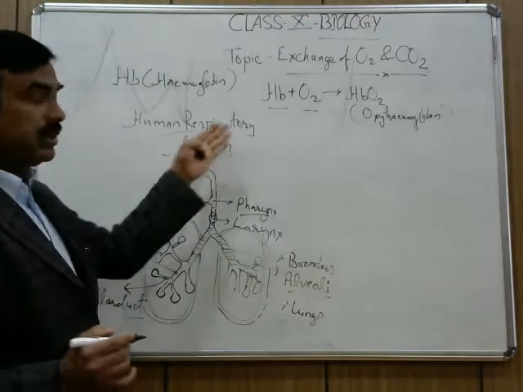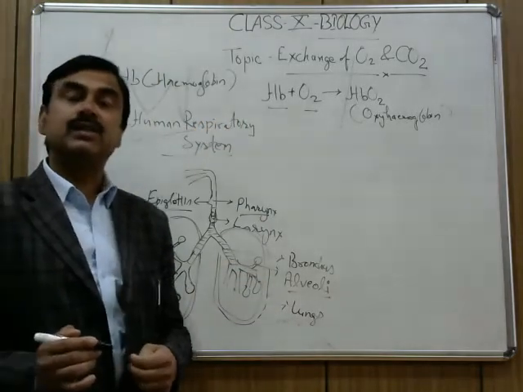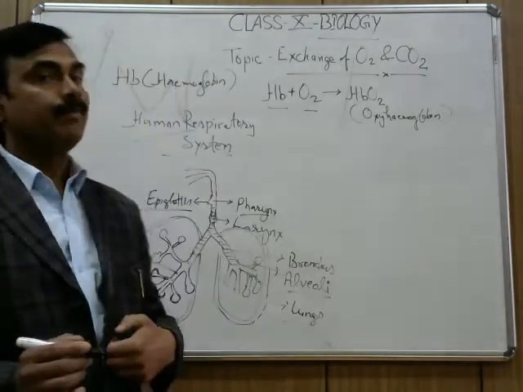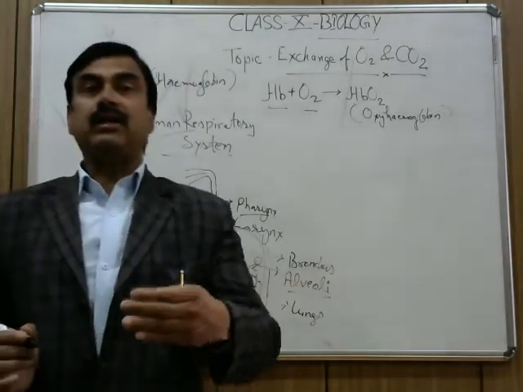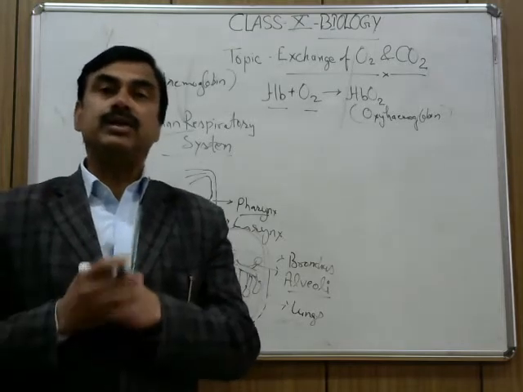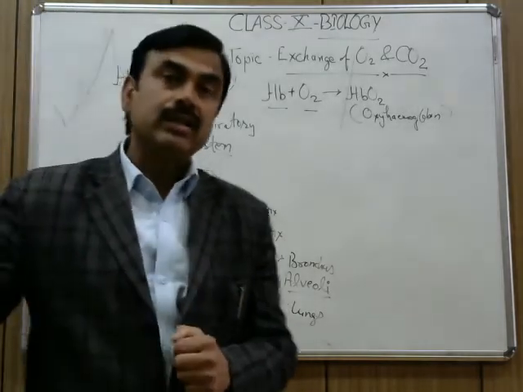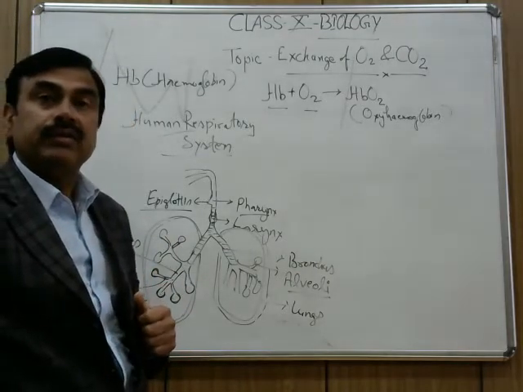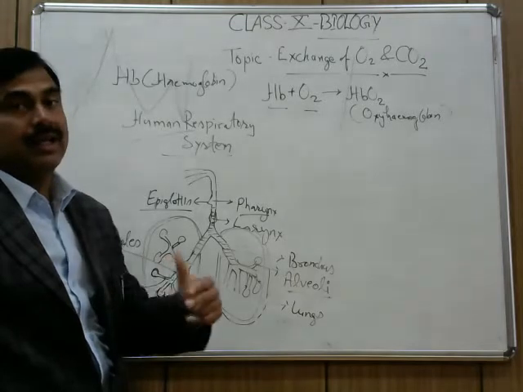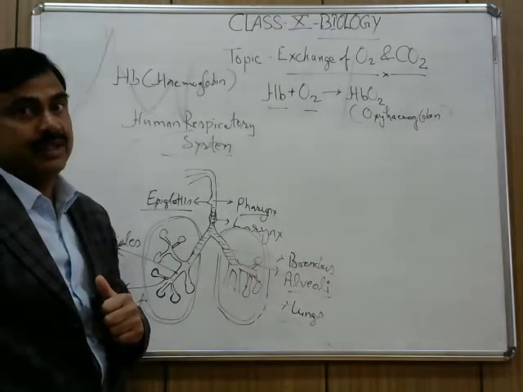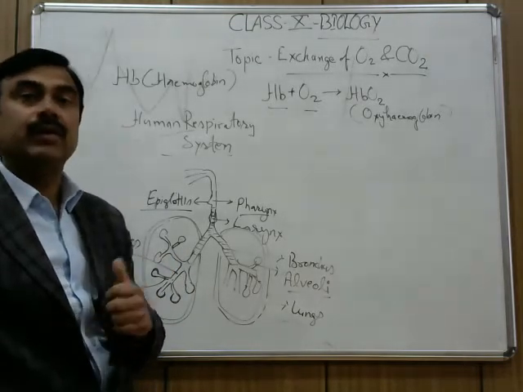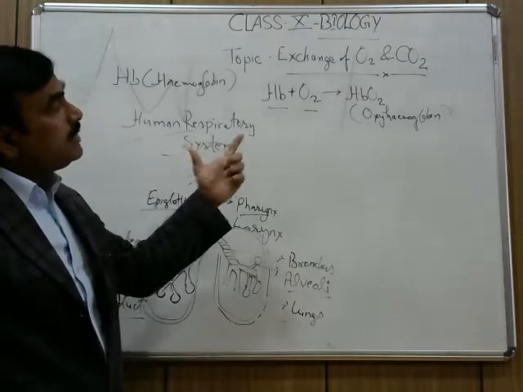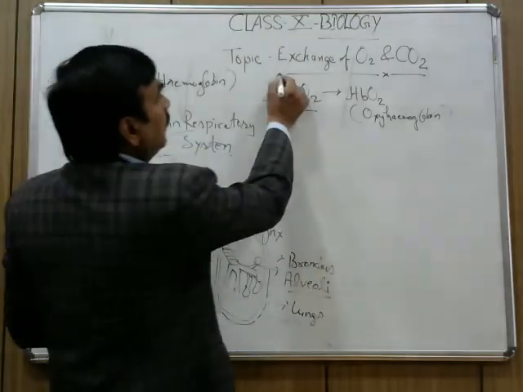When we start the human respiratory explanation, you must know the role of hemoglobin. In the blood, it binds with O2 and CO2, and this hemoglobin is the carrier of oxygen and carbon dioxide. This is a red color pigment present in the body. You must be knowing that. But today, I will take another topic.